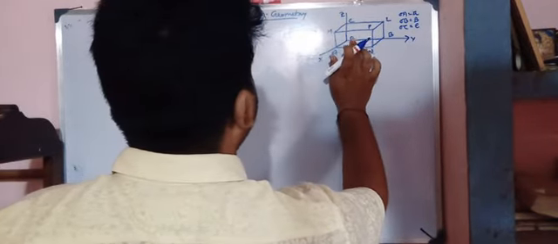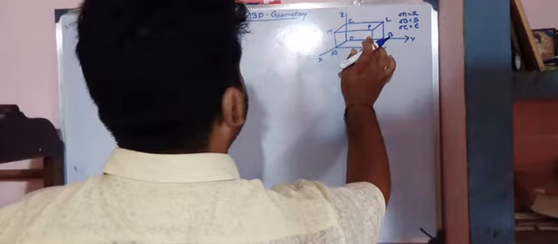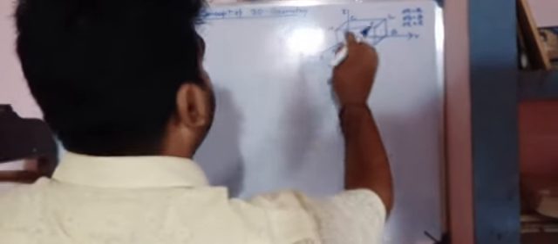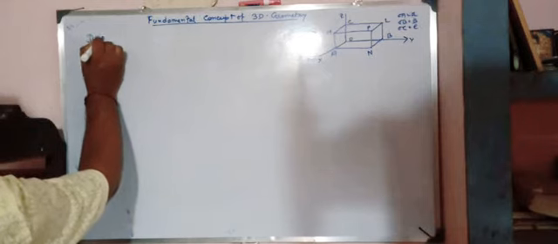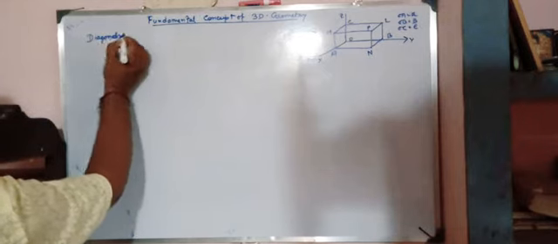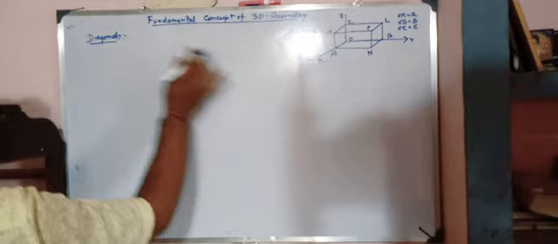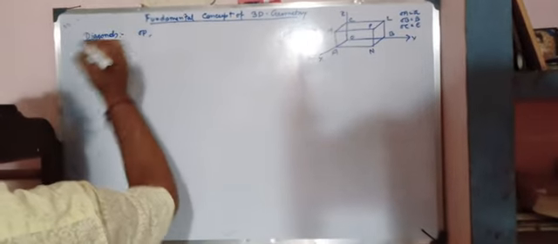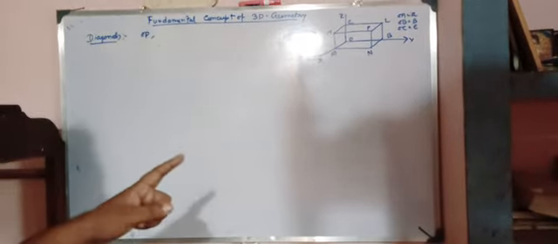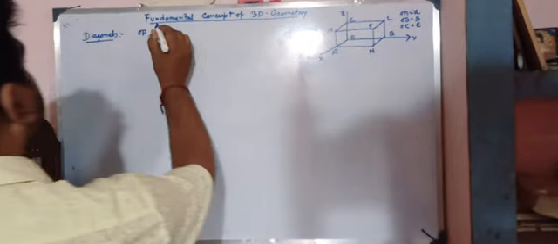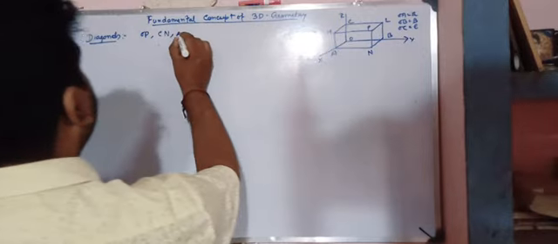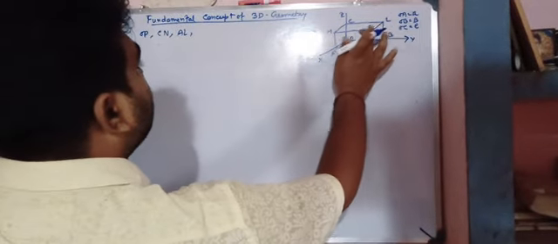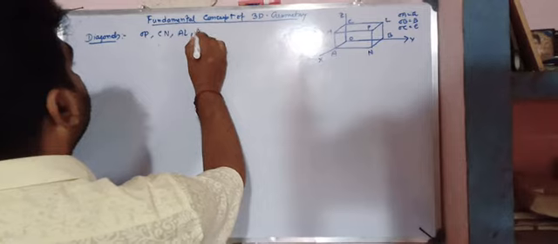What diagonals are there? Four diagonals. The diagonals are OP, CN, AL and BM.